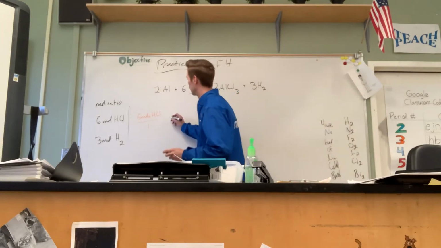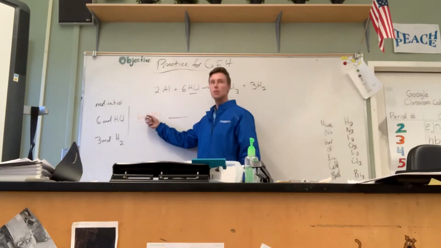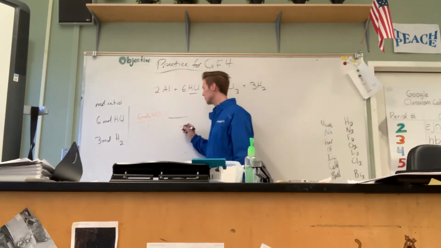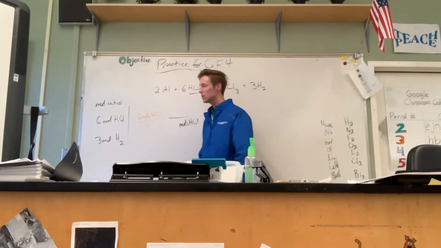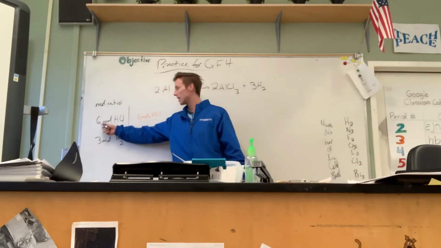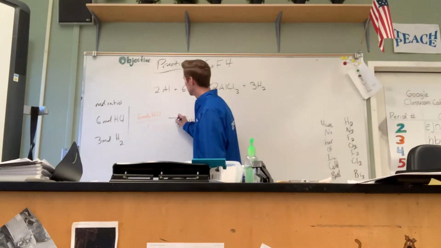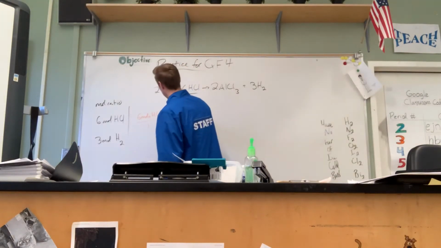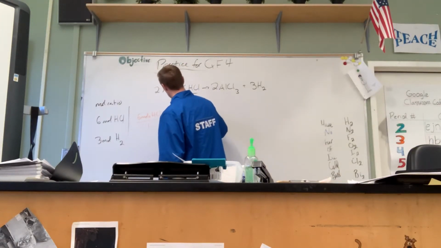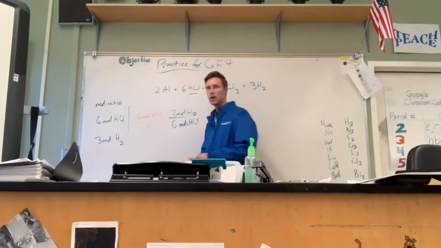So, for the black arrow, if I've got moles of HCl right there, I need moles of HCl right here. According to my mole ratio, I've got 6 moles of the stuff. So I'm going to put 6 right there. Then I just write the rest right here. Great, we're done with the mole ratio.